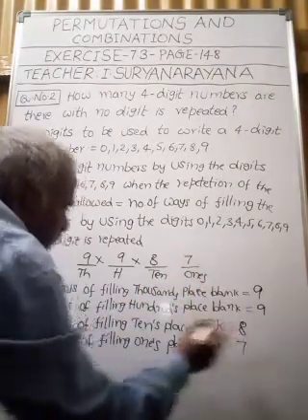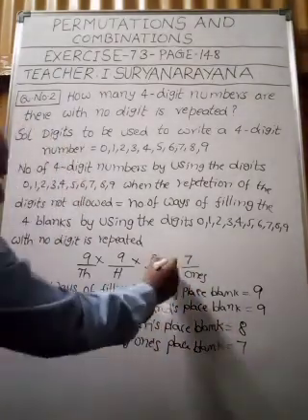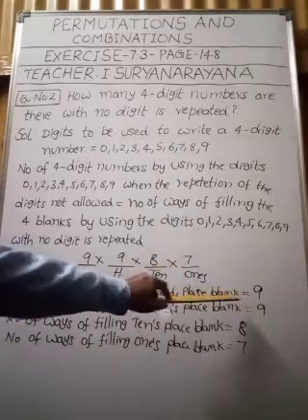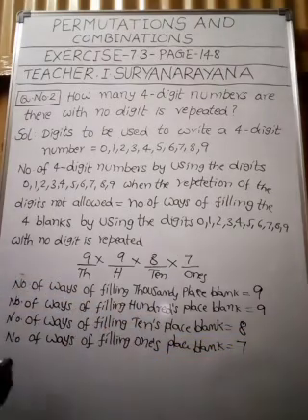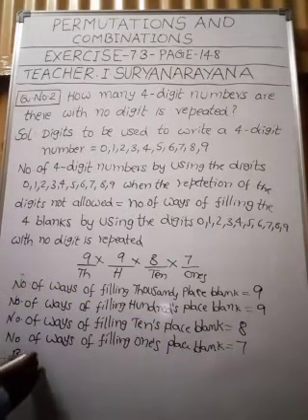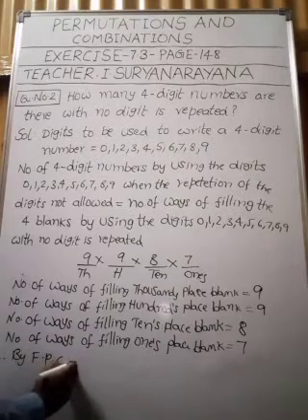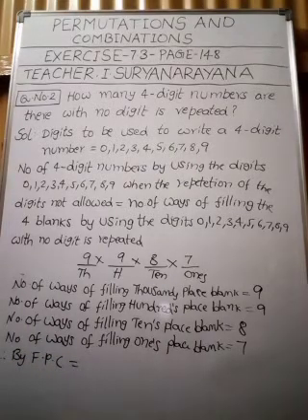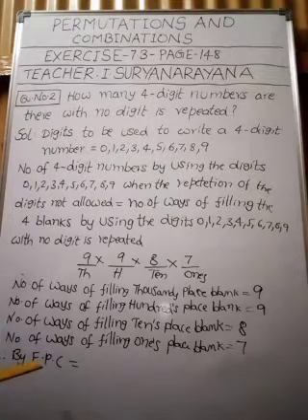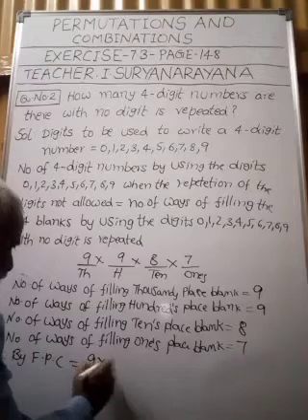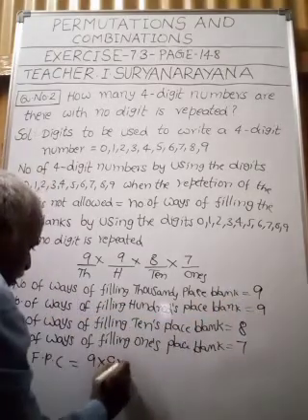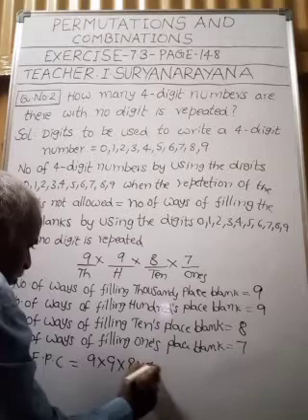Yes. So these are the ways of filling the thousands place, hundreds place, tens place and ones place. Therefore, by the fundamental principle of counting, or you can write by the fundamental principle of multiplication, we can write 9 into 9 into 8 into 7.